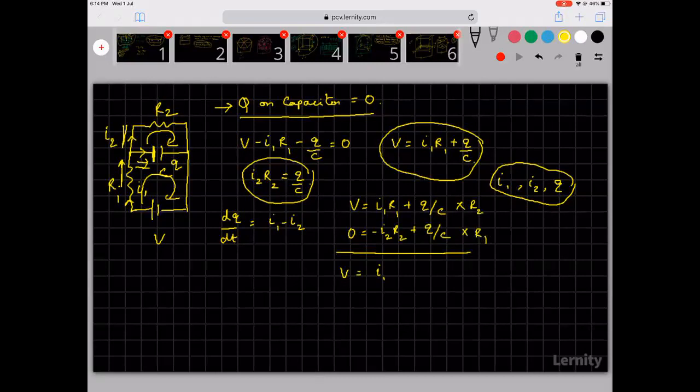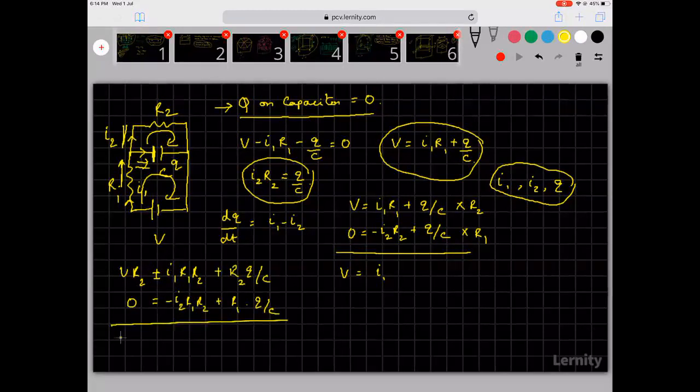Then I will get V R2 is equal to I1 R1 R2 plus R2 Q by C. On the other side, I'll get 0 is equal to minus I2 R1 R2 plus R1 into Q by C. Now I'm just going to add them.